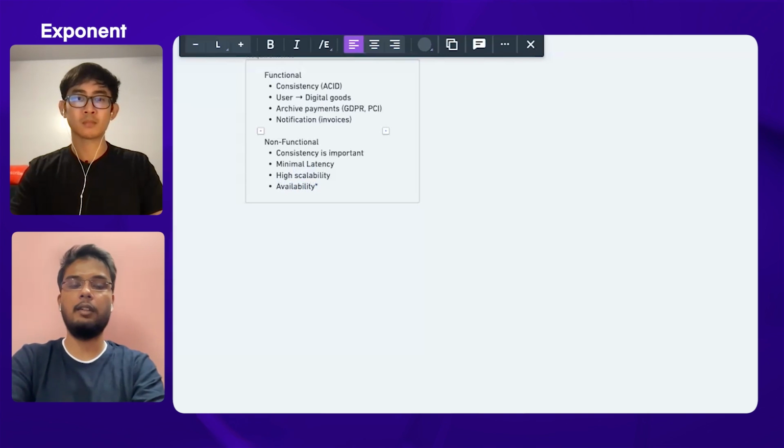But I will get back to this later, because if we have a consistent system, we have to make a trade-off with availability. I think we can get back to that later when we get into the actual design. So these are the requirements I'm thinking about.